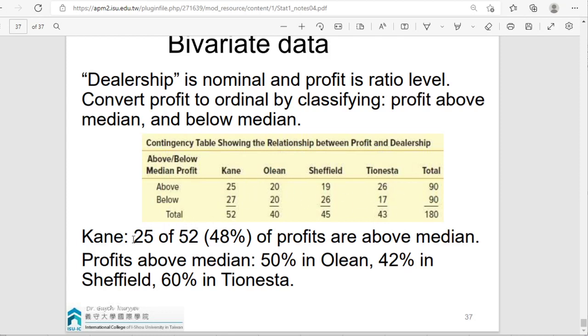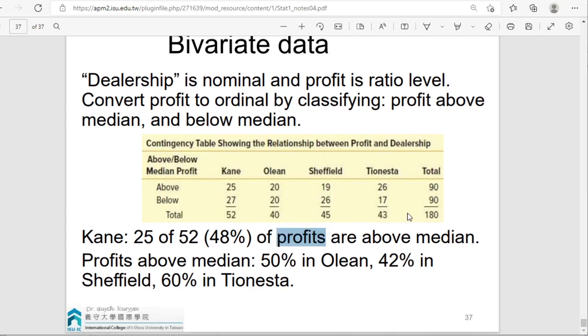And let's say, for example, you look at how many dealers within these dealerships have profits above or below the median. Okay, so for example, in Kane, there are 25 dealers with above median profits and 27 dealers with below median profits. In Olean, there are equal numbers of dealers with above and below median profits.